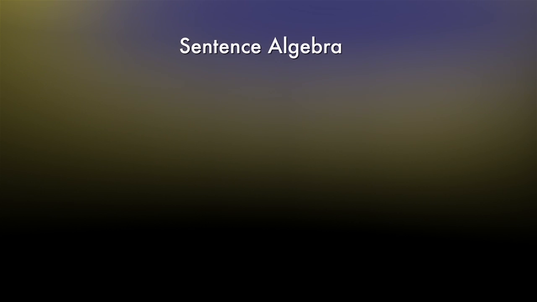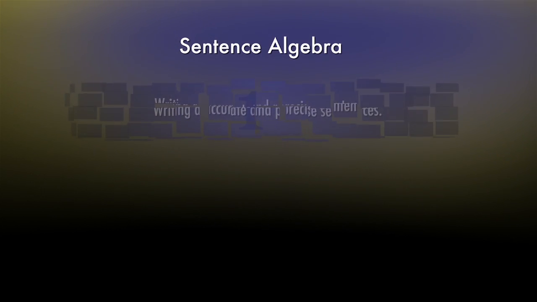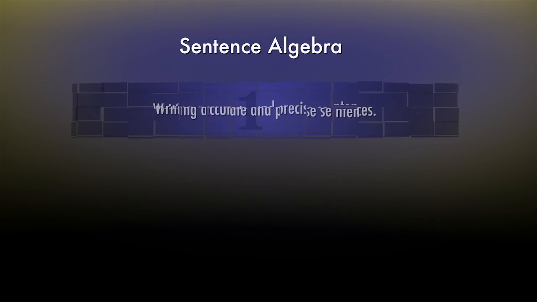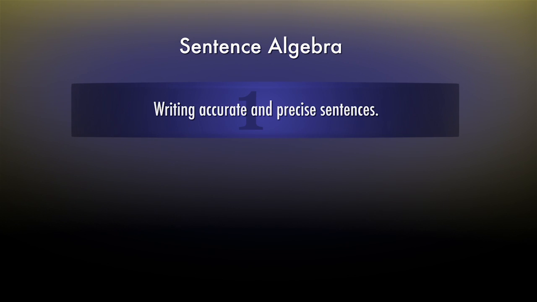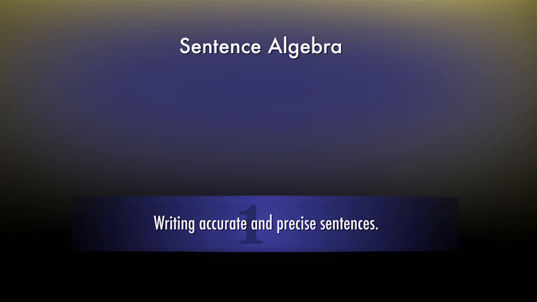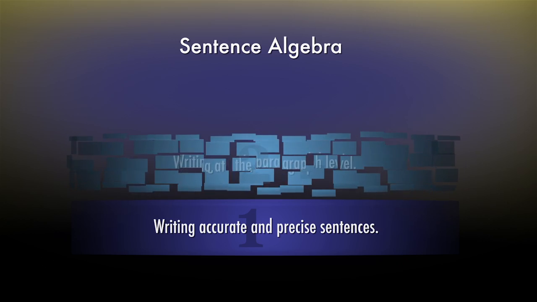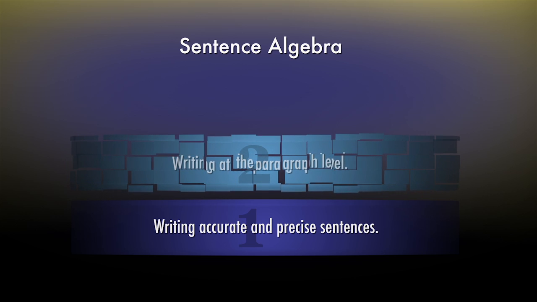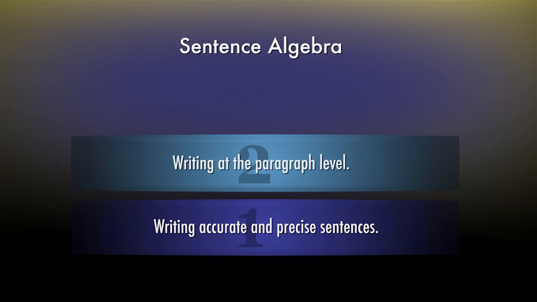There are 3 key levels to sentence algebra. Level 1 is using the system to write accurate and precise sentences. The idea is making sure engineering writers have a deep, functional understanding of sentences that goes between the initial cap and the period at the end. Level 2 takes a look at strings of equations at the paragraph level.